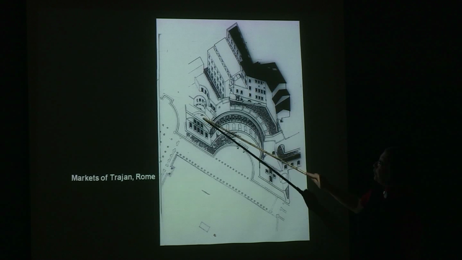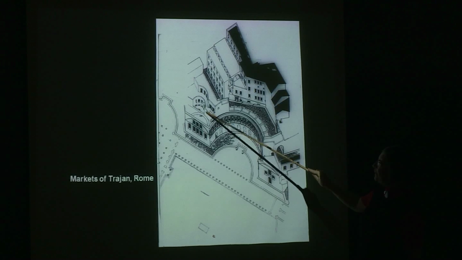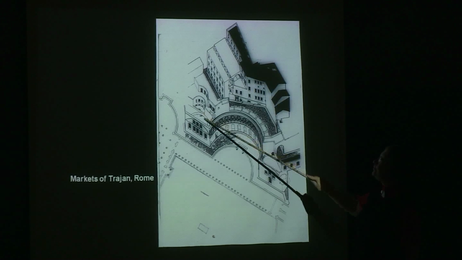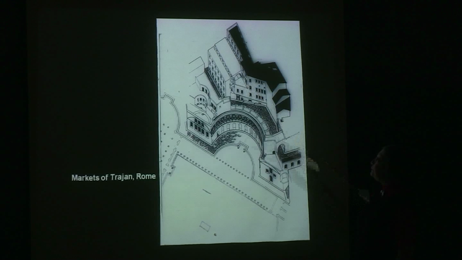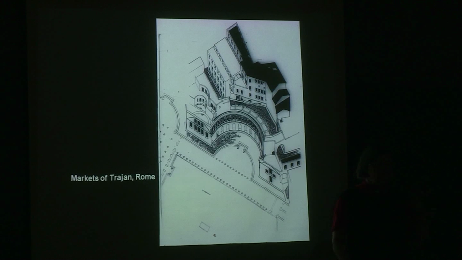You could curve your concrete to allow lateral light to come in, and as a result, the whole definition of interior space, the whole shaping of interior space, both materially as well as in the light quality, underwent a revolution due to this concrete architecture.